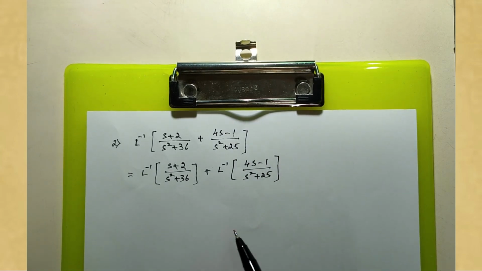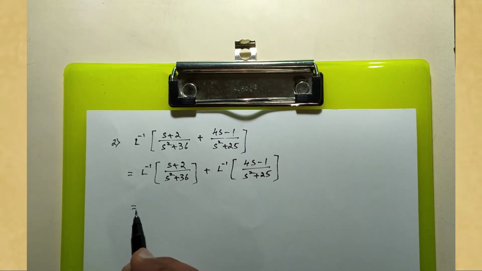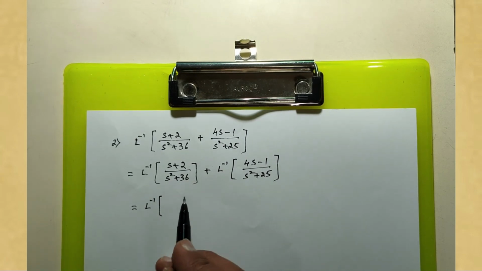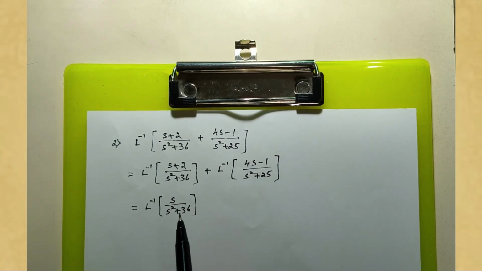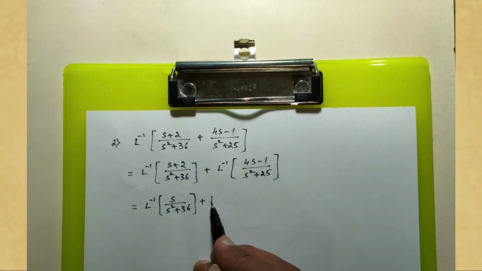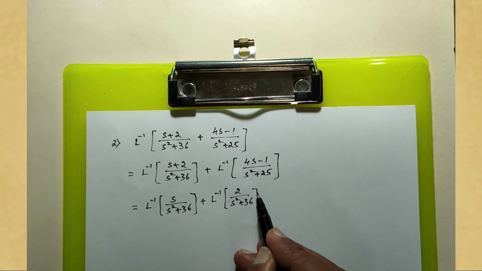This expression is not in the standard form, so I'll try to divide each of the terms. So this becomes L inverse of s by (s square plus 36). So I can write the inverse transform separately for this term. Then plus 2, you have plus L inverse of 2 by (s square plus 36).